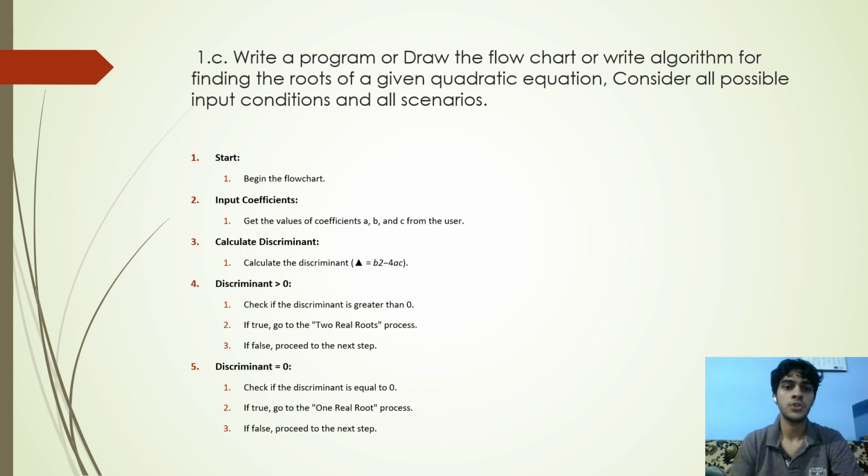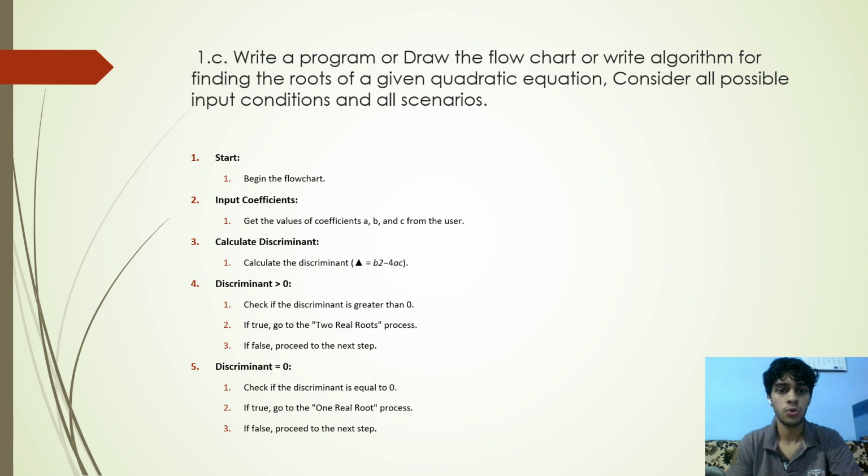The second question is the third part of the first question, which is: write a program, draw a flowchart, or write an algorithm for finding the roots of a given quadratic equation. Consider all possible input conditions and all scenarios. Initially we will start, then input the coefficients, then calculate the discriminant, then check if the discriminant is greater than 0.